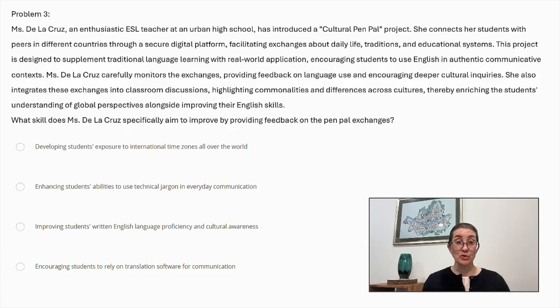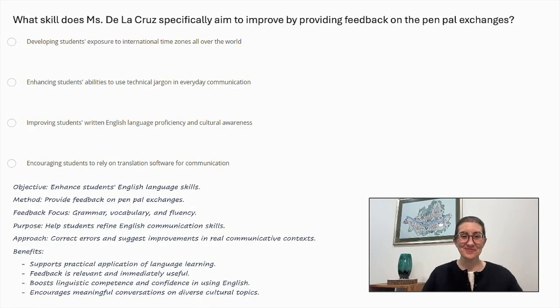Developing students' exposure to international time zones all over the world? Enhancing students' abilities to use technical jargon in everyday communication? Improving students' written English language proficiency and cultural awareness? Or encouraging students to rely on translation software for communication.